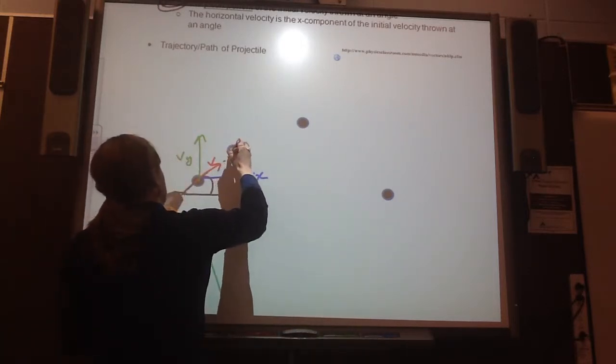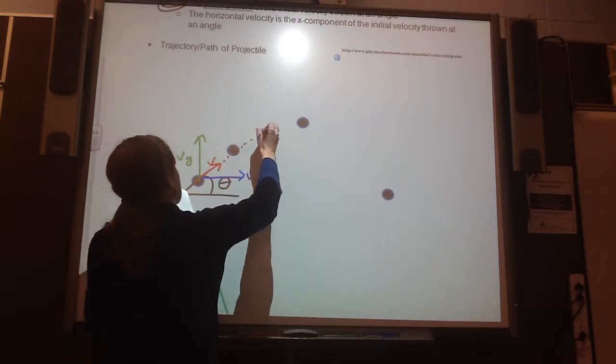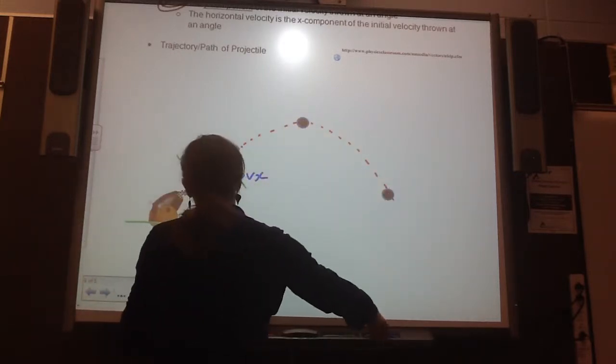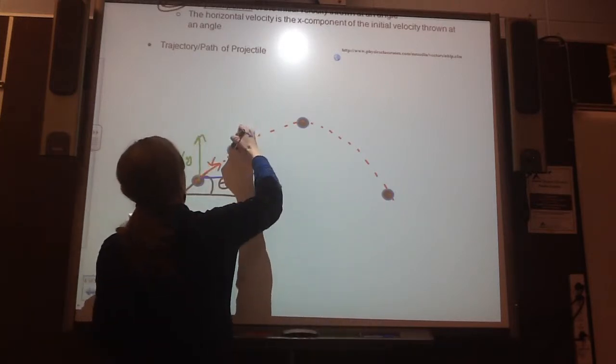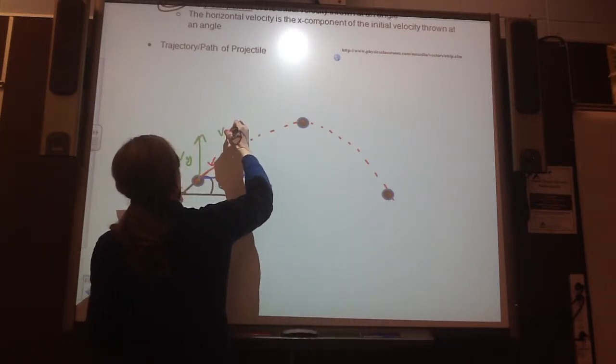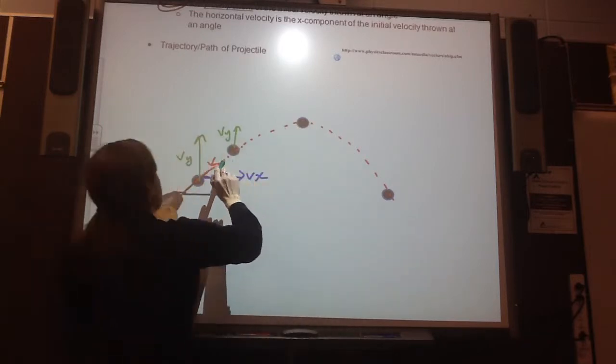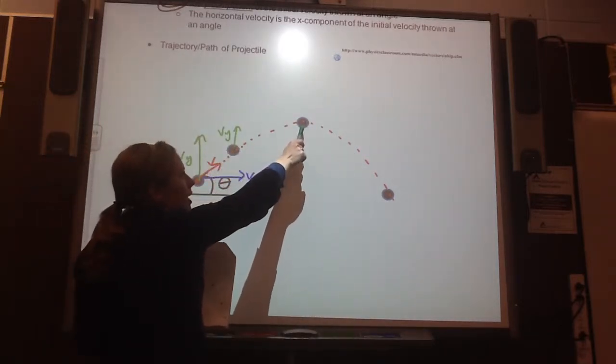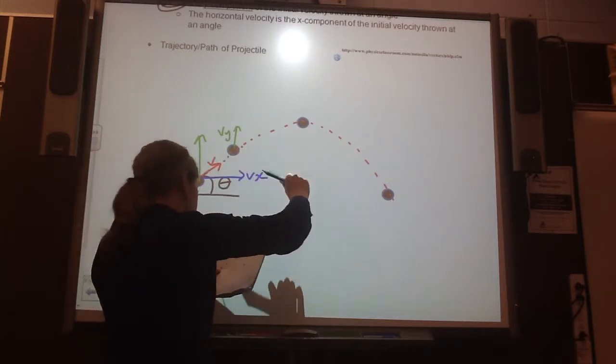Okay? Continues, I still have this, going up, down. So let's put these in now. So here again, I will have a Vy. It is smaller though than the first one because it's starting to slow down as it reaches its highest point.